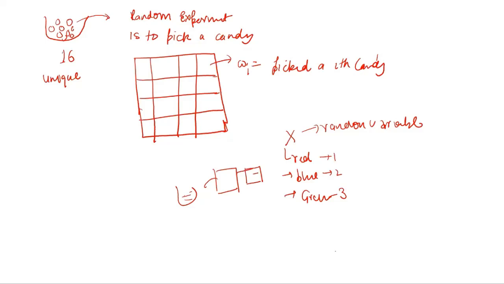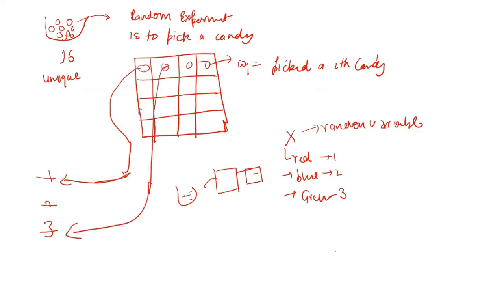So what it is doing is taking each of these outcomes here, looking at its color and mapping to a number. So if this candy is 1, suppose there are 3 values, 1, 2, 3. If the candy is this, it maps to 1. If this candy, suppose the second candy is green, it maps to 3. Suppose this candy, the third candy, is also red, it maps to 1.